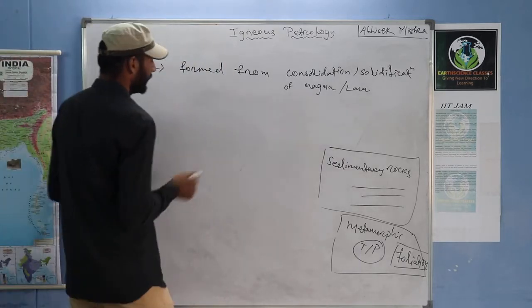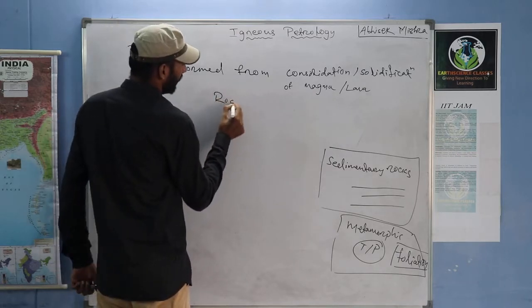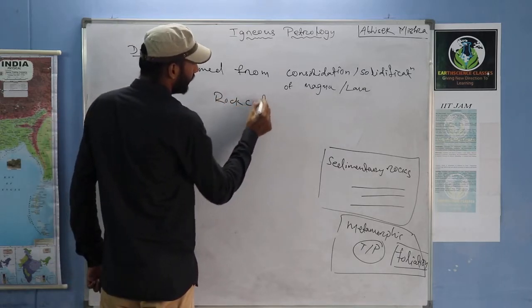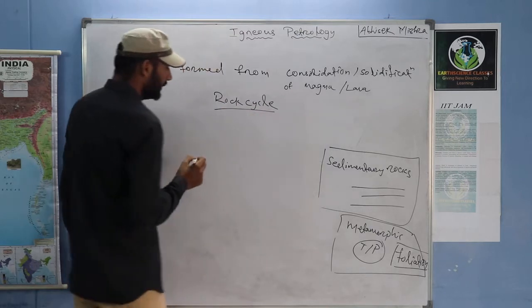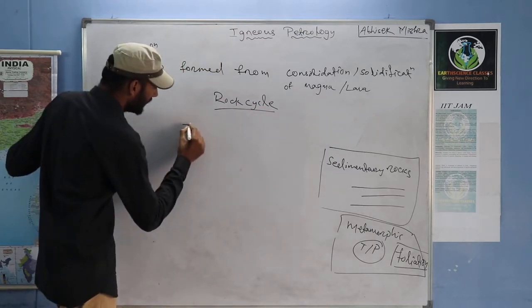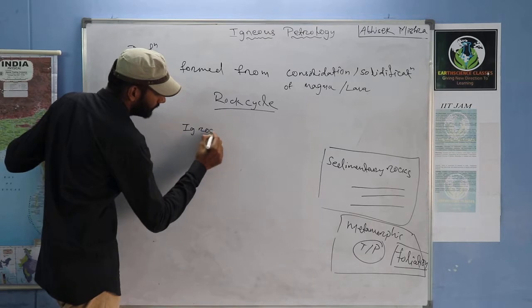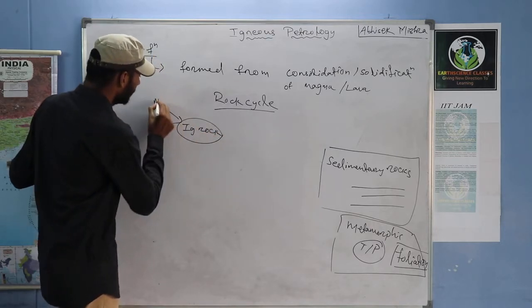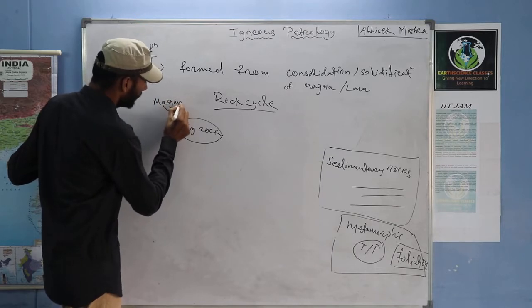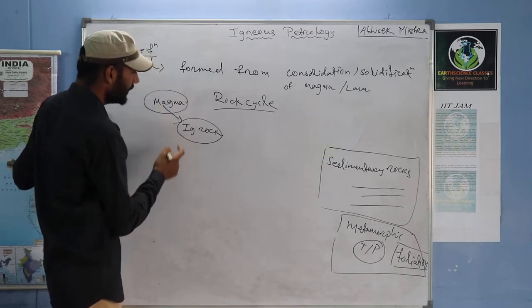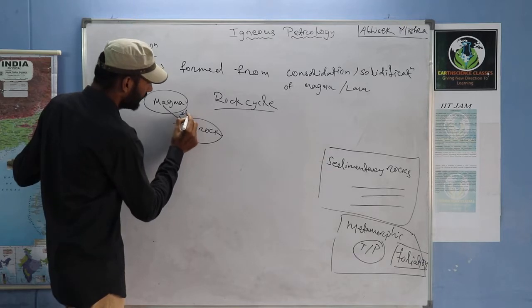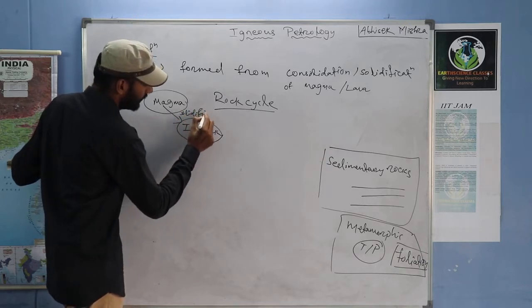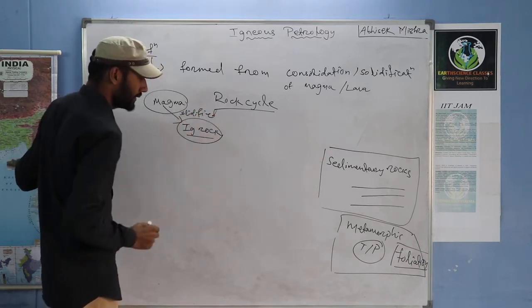Rock cycle. So what is the rock cycle? At first, what happens? Igneous rock is formed from where? From magma, when it is solidified to form igneous rocks.